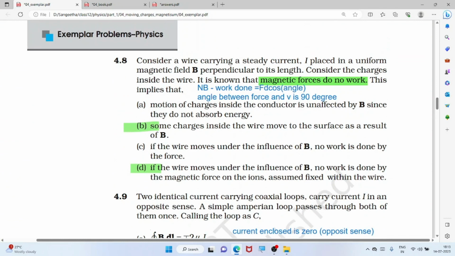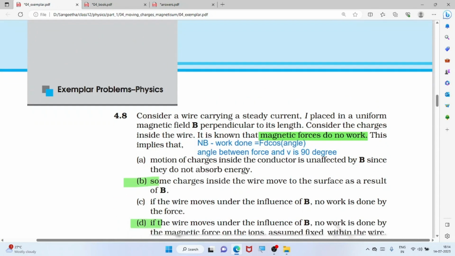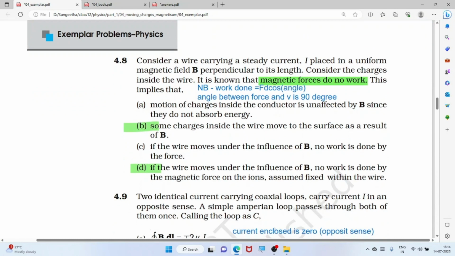Consider a wire carrying a steady current I placed in a uniform magnetic field perpendicular to its length. Consider the charge inside the wire. It is known that magnetic force does no work, because work done is F d cos theta. The angle between the force and V is 90 degrees, so cos 90 is 0. Magnetic force does no work.